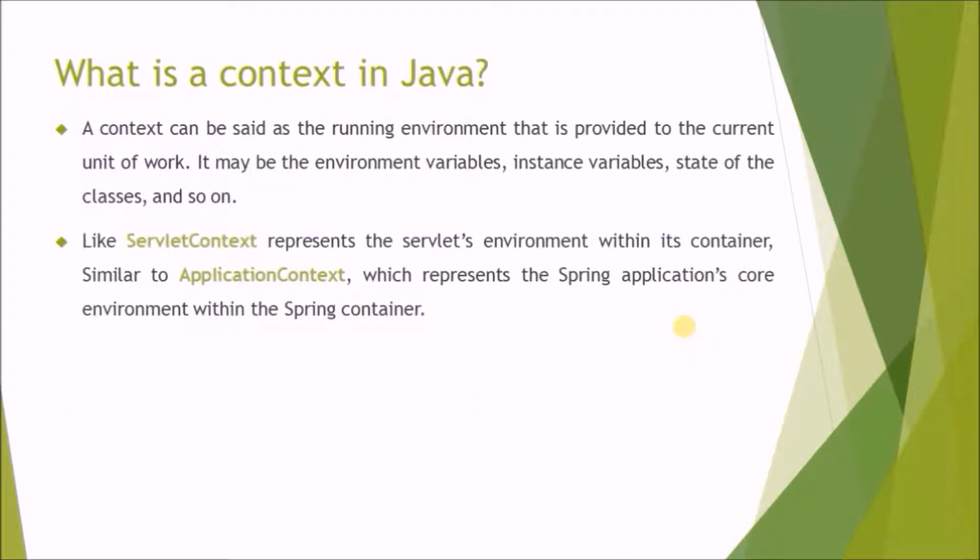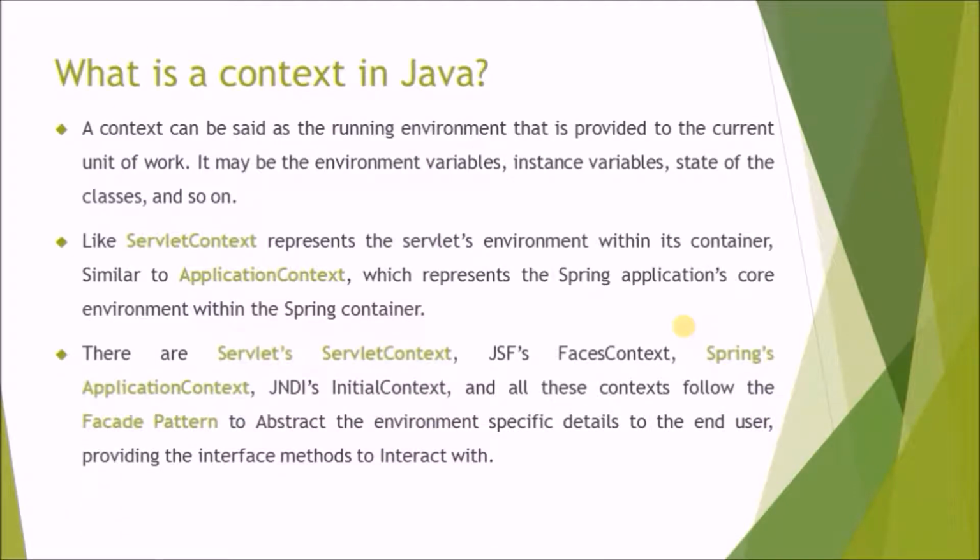Like servlet context, which represents the servlet's environment within its container, similar to application context, which represents the Spring application's core environment within the Spring container. There are servlet context, JSF faces context, Spring's application context, JNDI's initial context, and all these contexts follow the facade pattern to abstract the environment-specific details from the end user, providing interface methods to interact with.